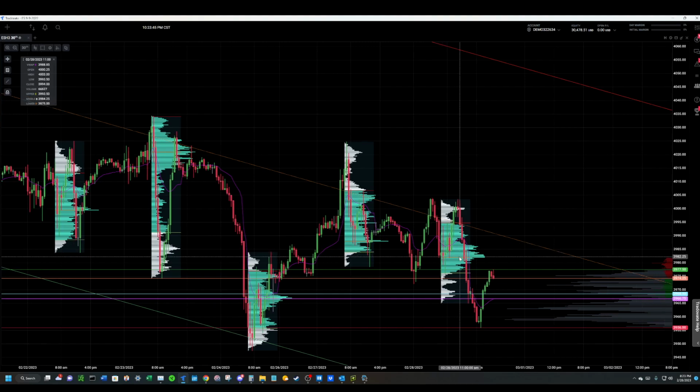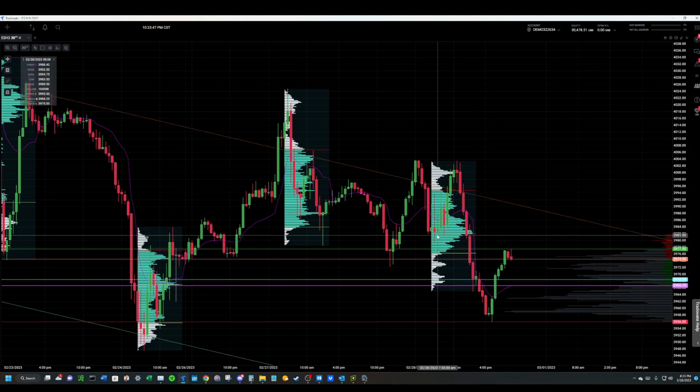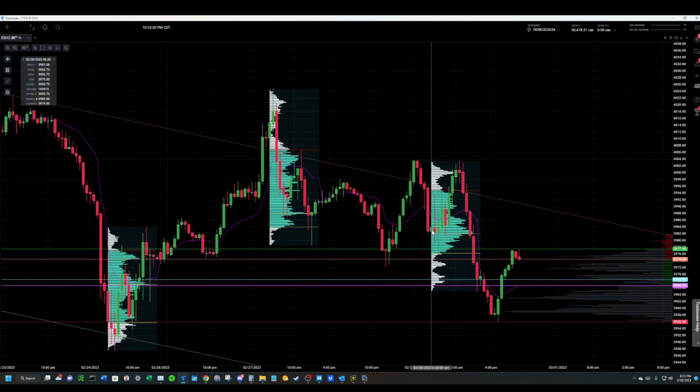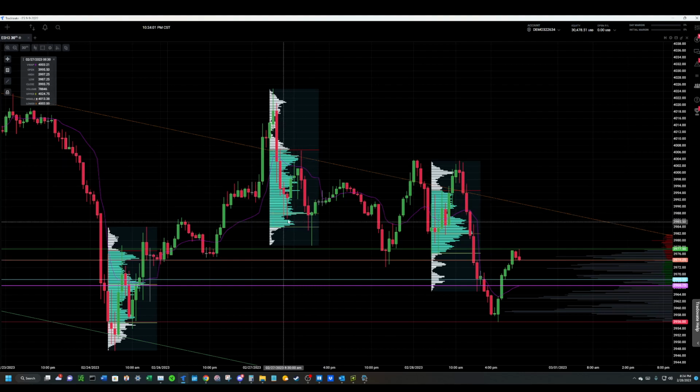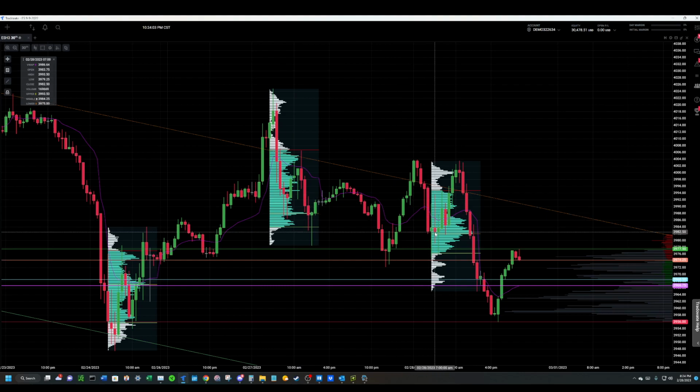Okay, so here's this volume profile. It opened at 6:30. See, it opened low, inside of yesterday's range. It's sitting on top of this day's range, and that's possibly a little support area there.